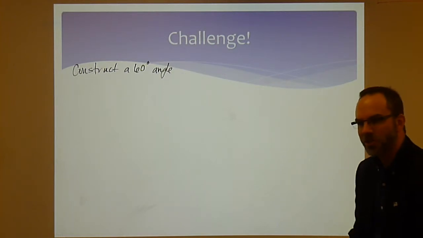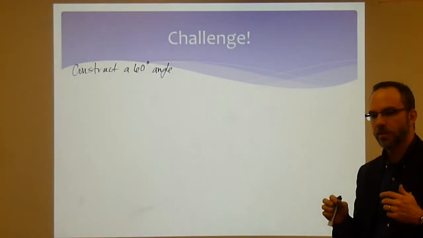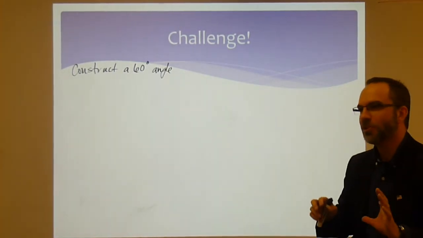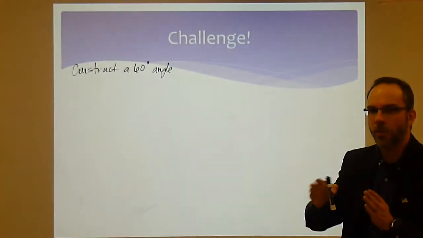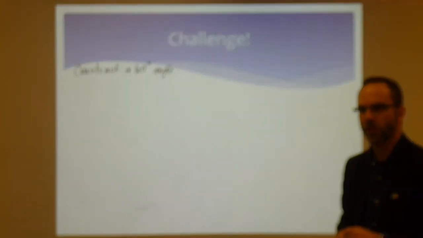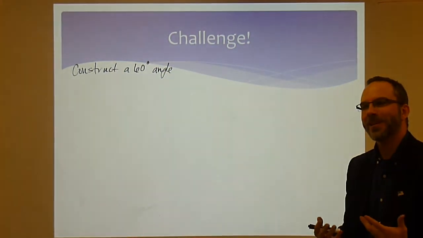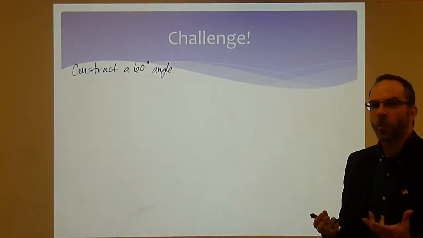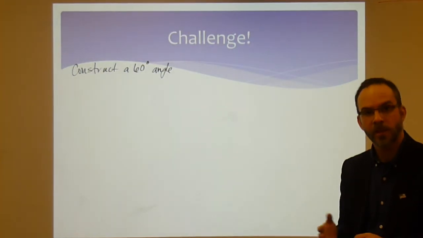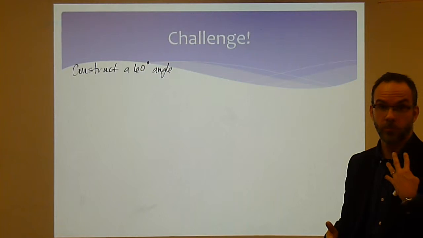See, the thing about constructions is oftentimes we want to think in terms of geometry straight away to what we want. Well, I don't know a construction pattern that gives me a 60-degree angle, therefore I can't do it. What we need to be thinking of is what things we can draw that might have the property of having a 60-degree angle. Because if we can then construct it, then we've got it, right?